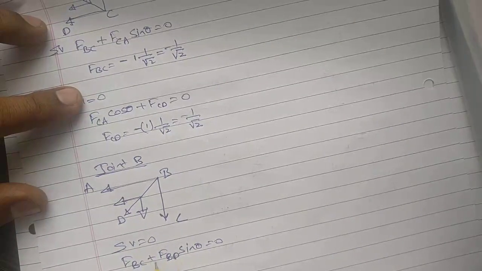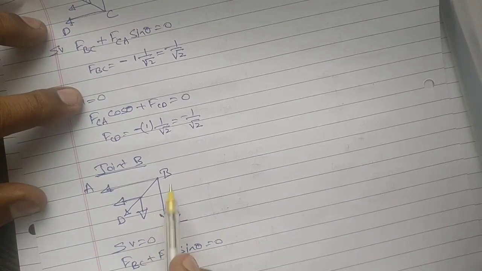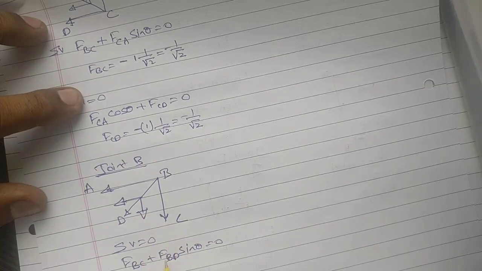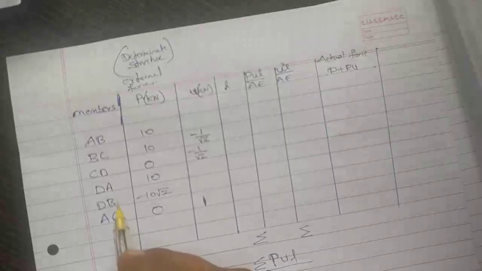We want FBD. FBD is equal to minus FBC by sine theta. What is FBC? Minus 1 by root 2. Minus into minus, so 1 by root 2 over 1 by root 2. So we have 1. FBD is equal to 1.